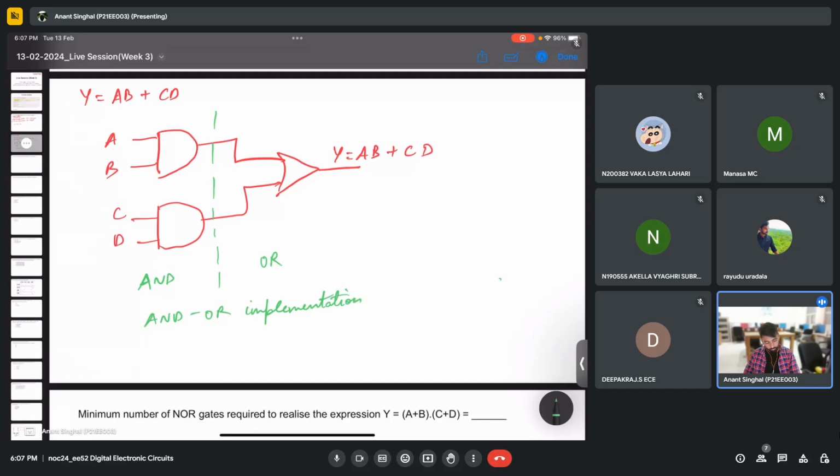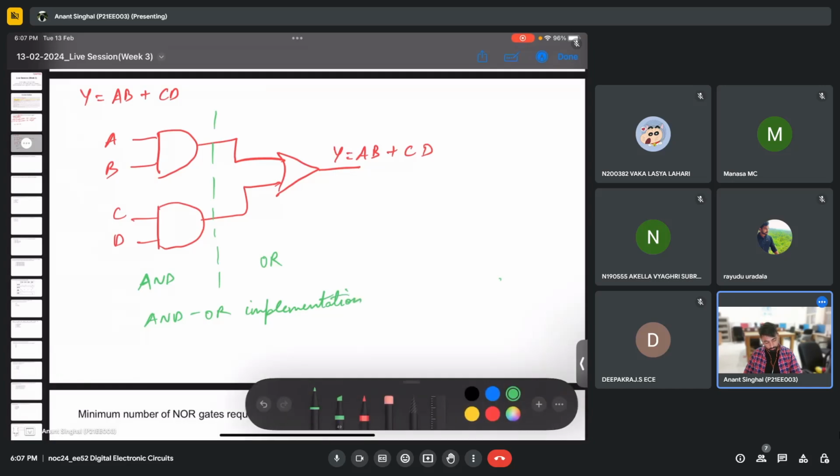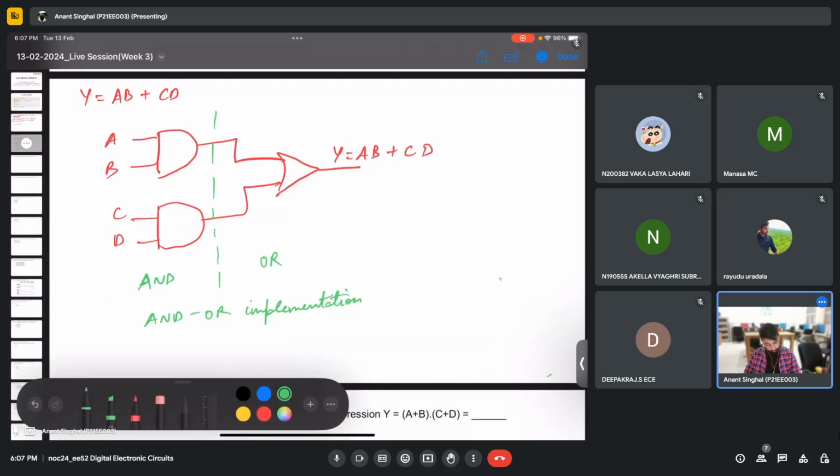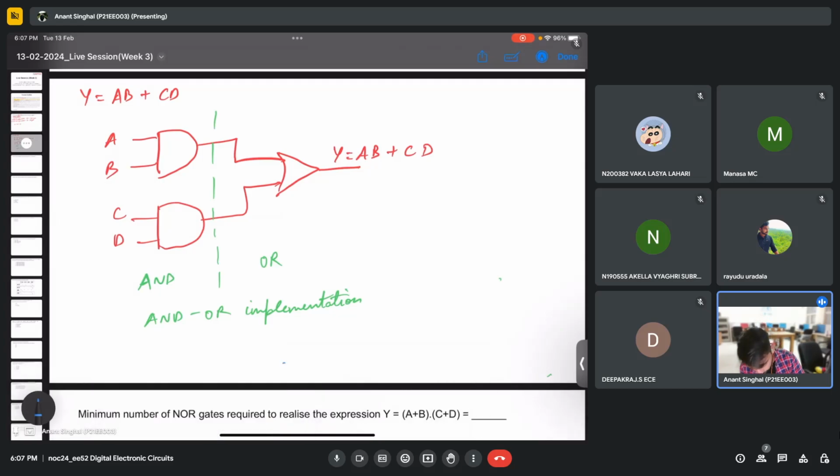Now how the shortcut arrives here is, in this particular circuit, I am using two NOT gates in series. So let's say I have a NOT gate and another NOT gate. If I give A here, can anyone tell what this expression F will be?